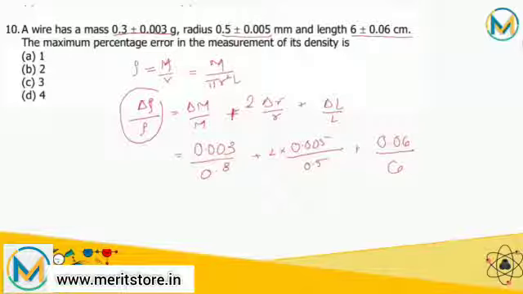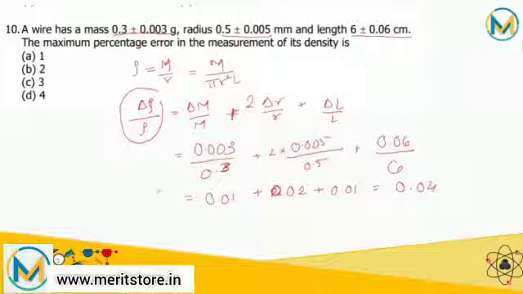Now when we solve this out, 0.003 upon 0.3 comes out to be 0.01, plus 2 into 0.01, that is 0.02, and for the last term it comes out to be 0.01. When we add it up together, it gives 0.04.